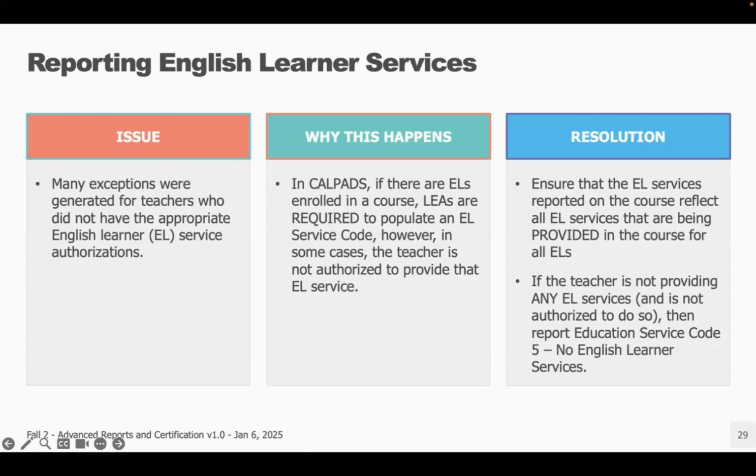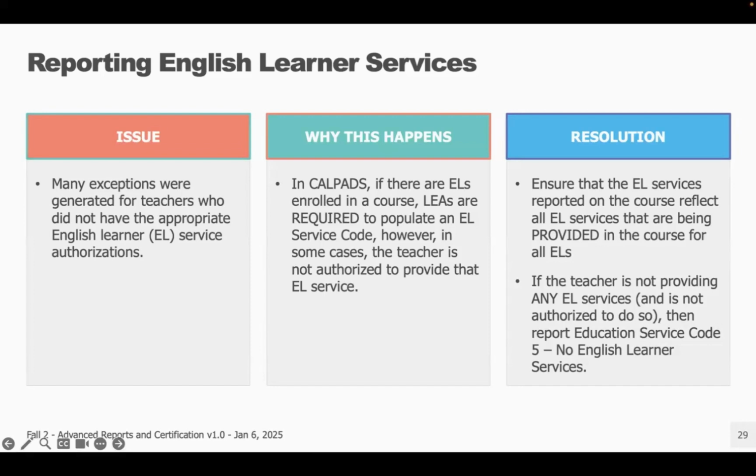In some instances, if the teacher is not providing any ELS services, then you would report them with a code of 5. However, if you do report the teacher as not providing English learner services because they're not authorized to do so, very likely it will come down to the fact that they will end up as misassignments.